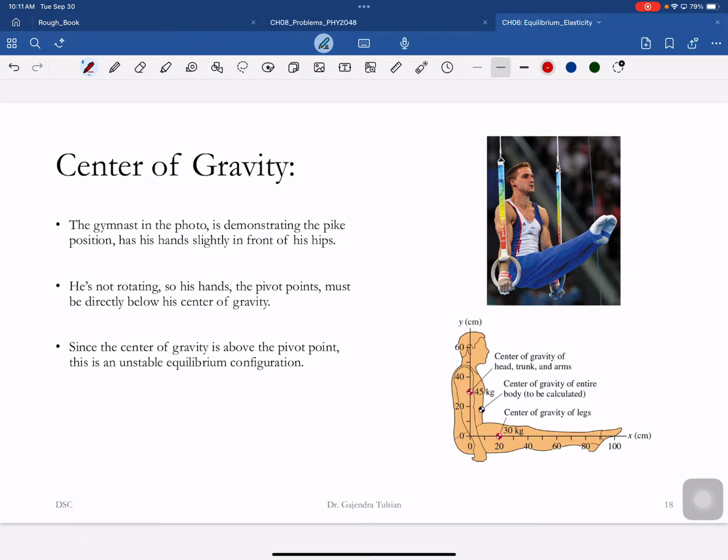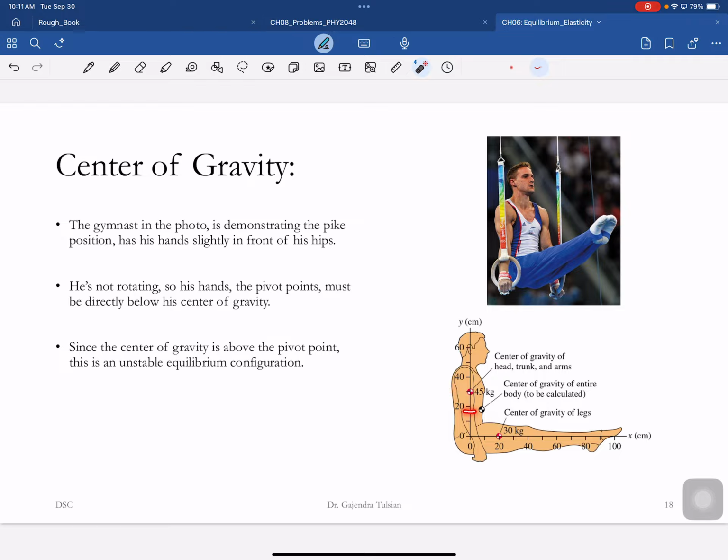The gymnast in the photo is demonstrating the pike position, and you see his hands are slightly in front of his hips. His hands have to be in front of his hips because the torso is heavier and the center of gravity is higher. So he's got to make sure that his hands are below his center of gravity. What happens if he leans forward? What happens if he leans back?